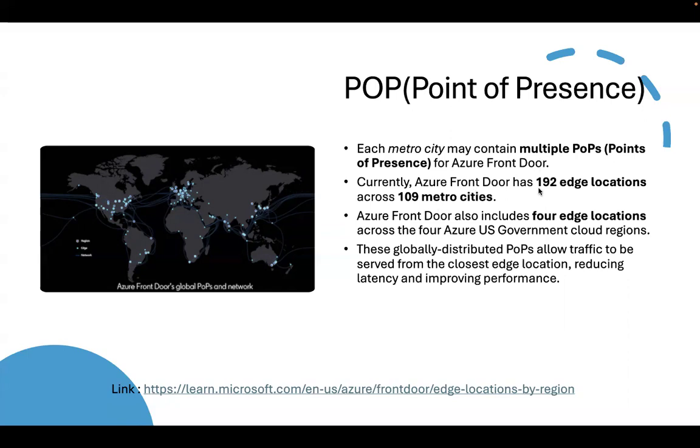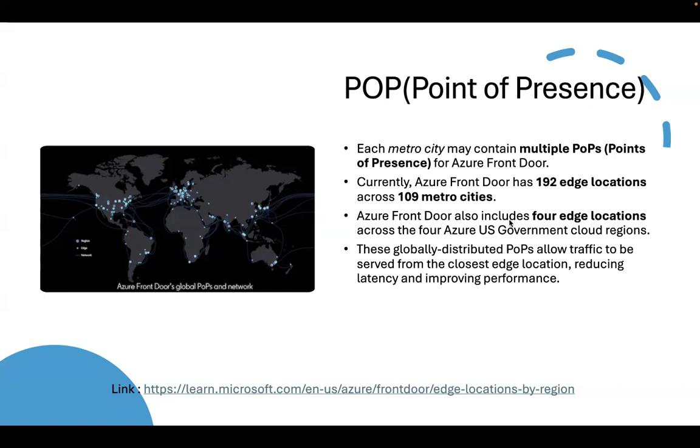Currently, Azure Front Door has 192 edge locations across 109 metro cities. Apart from the regions and data centers, there are these Azure points of presence, serving the end users who are using Azure Front Door or Azure services.